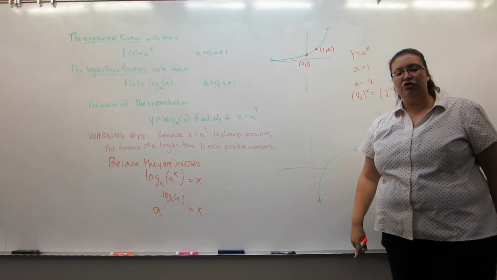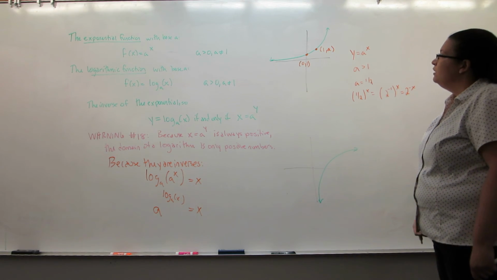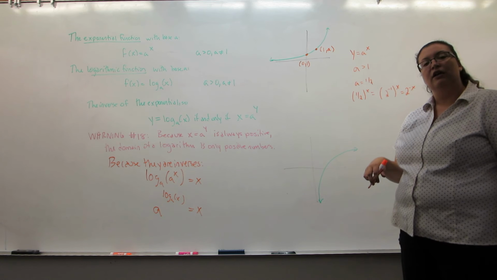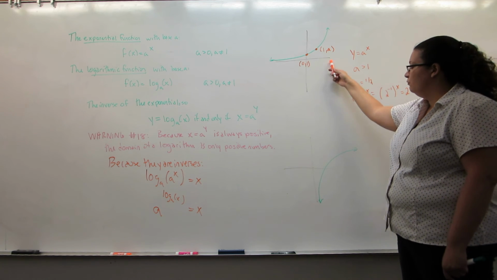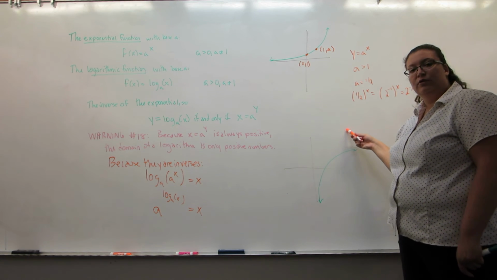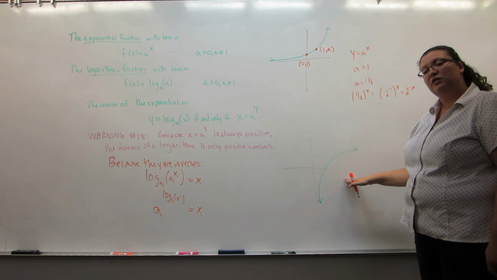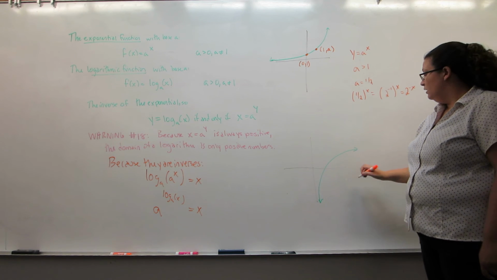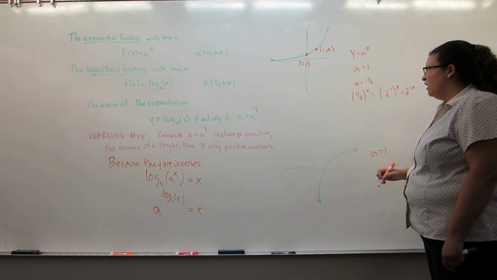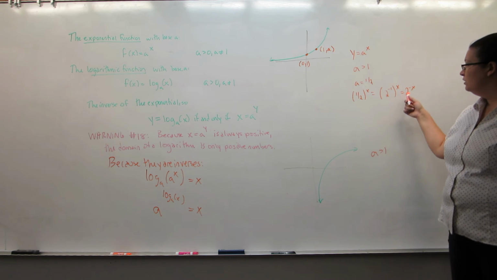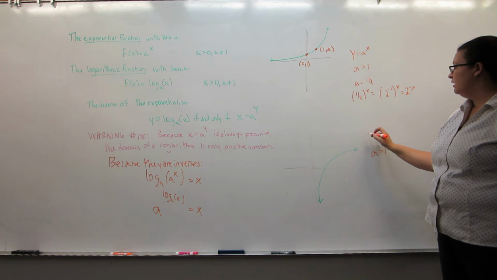So every exponential will go through those two points. Now we know how to find the inverse graph of any graph. We take it and we flip it about the line y equals x. That must mean that this is the graph of a logarithm. Again, we're assuming a is greater than 1, because if it's not, we can use the same kind of trick and do it as a reflection.